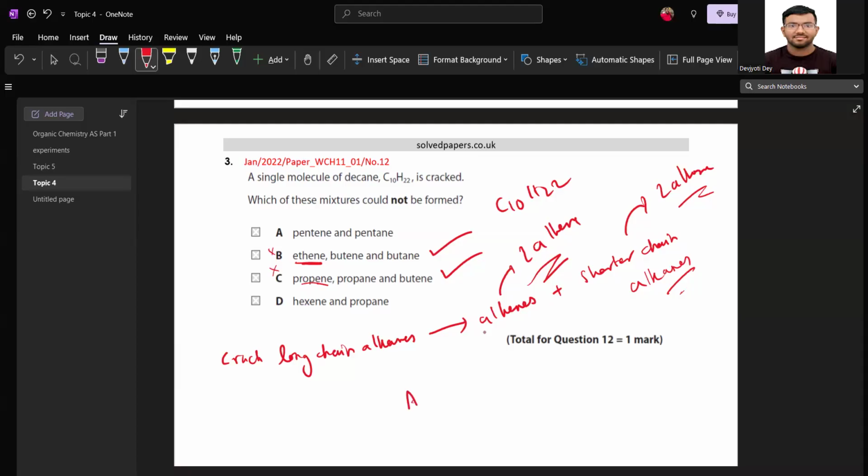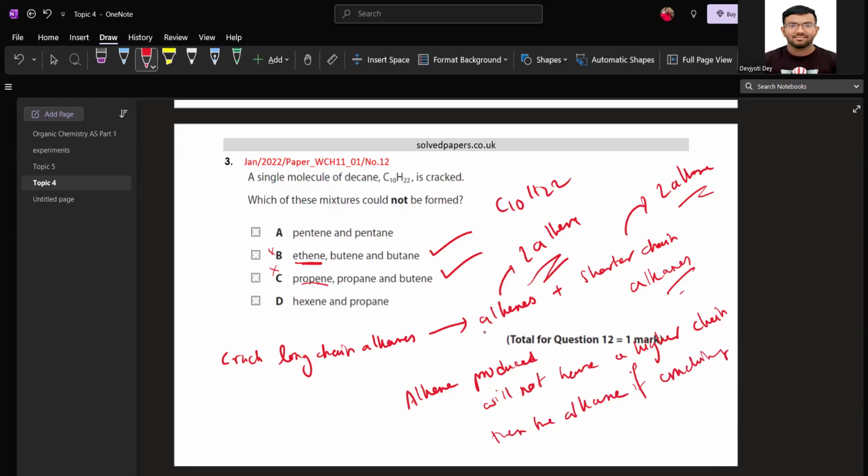Always remember another thing, that the alkene produced will not have a higher chain than the alkane. Cracking produces two products.